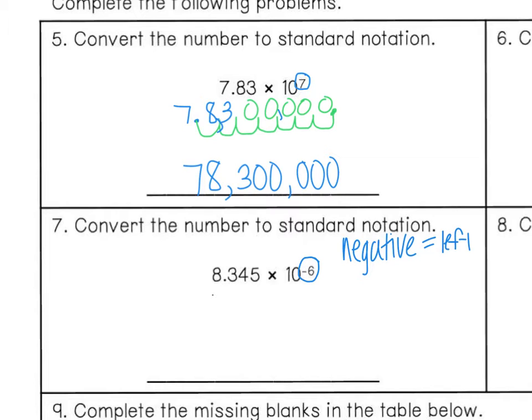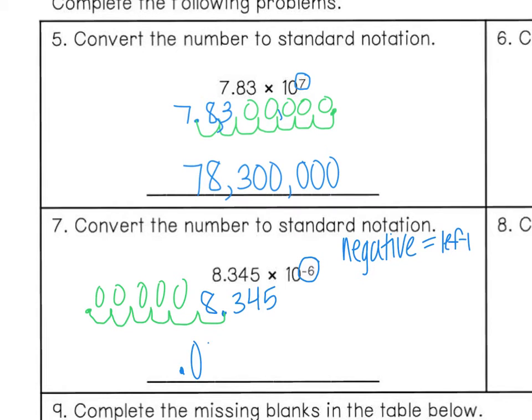So I'm going to write my number down here. And I'm going to move my decimal 1, 2, 3, 4, 5, 6, and fill in my zeros as placeholders. And we have 5 zeros, 8, 3, 4, 5.